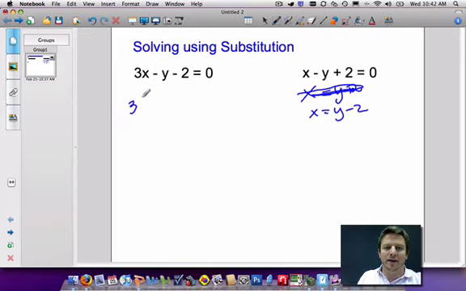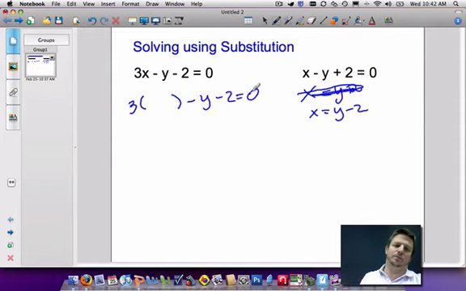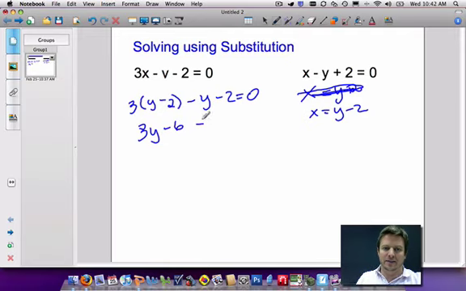So instead of writing x, we write parentheses, and then we copy the rest of the information down. So now we know instead of writing x here, we know that x is equal to y minus 2. So let's put the y minus 2 right here. Okay? And now we're going to distribute the 3 through. 3y minus 6 minus y minus 2 equals 0.